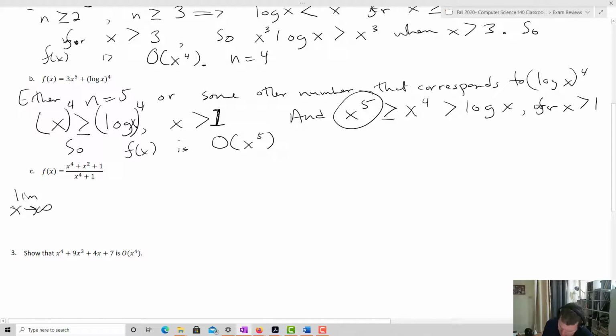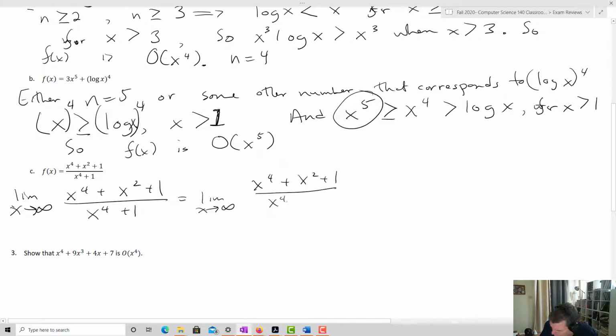As x gets big, of x to the 4th plus x squared plus 1 over x to the 4th plus 1, we know that as x gets really large, this is going to equal the limit as x approaches infinity of x to the 4th plus x squared plus 1 over x to the 4th plus 1, and we're going to multiply that by 1 over x to the 4th on top and bottom.